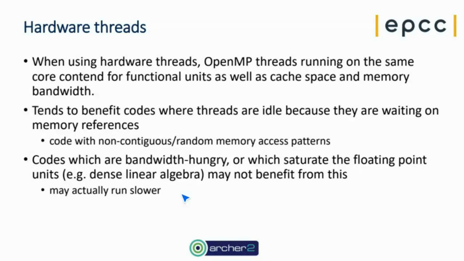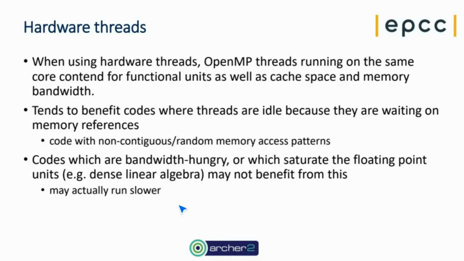So you had to double the number of OpenMP threads or MPI processes, and that will have an impact in terms of other parallel overheads like synchronization or load imbalance or communication.